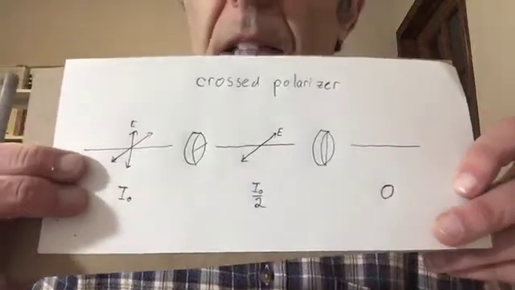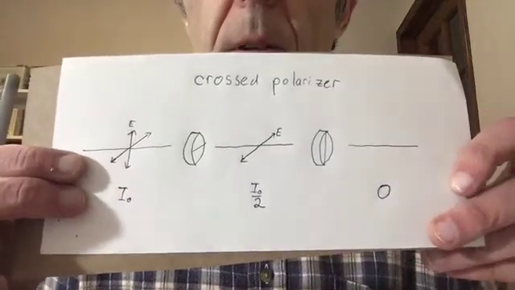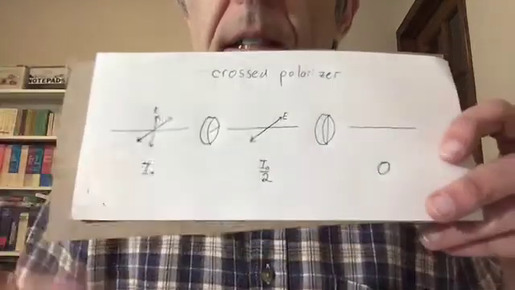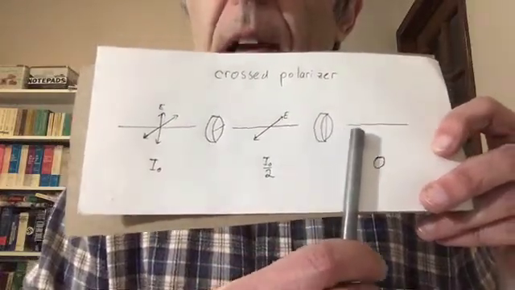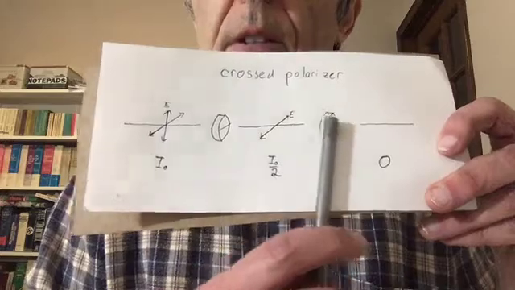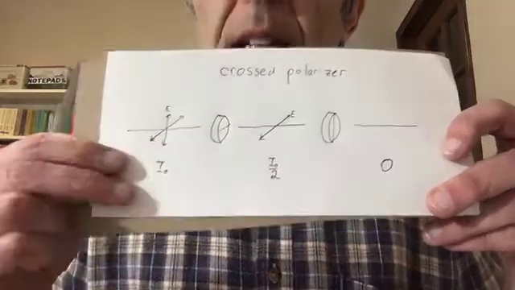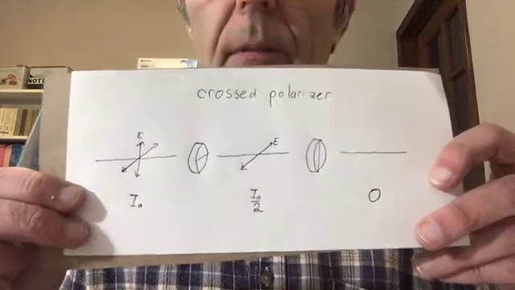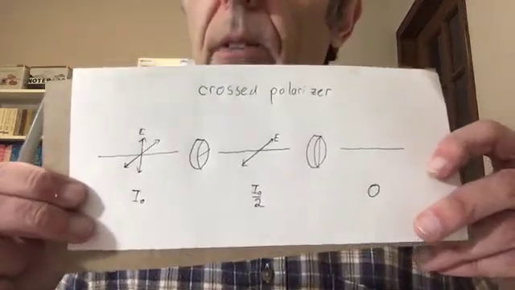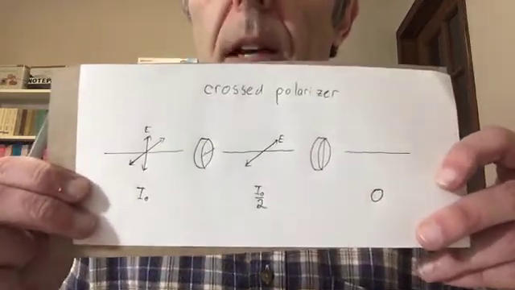But all the light's going back and forth, so it all gets absorbed. There is no light going up and down because this was linearly polarized. So no light goes through, and you have what's known as crossed polarizers. Crossed polarizers block out all the light, and you have nothing coming through. So we see it's very sensitive to how the two polarizers are aligned.